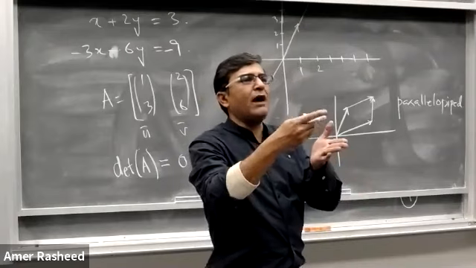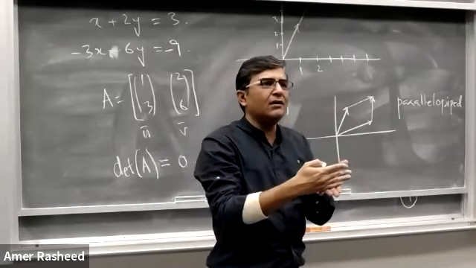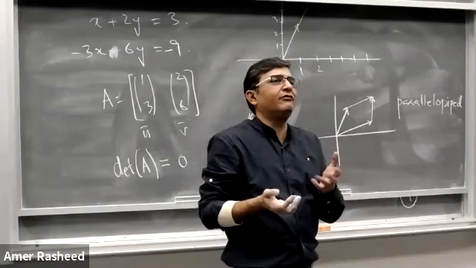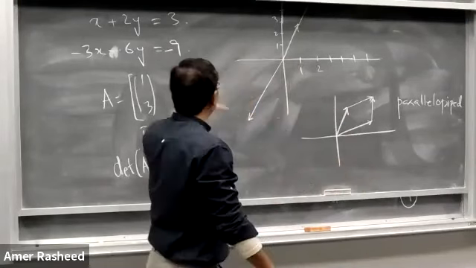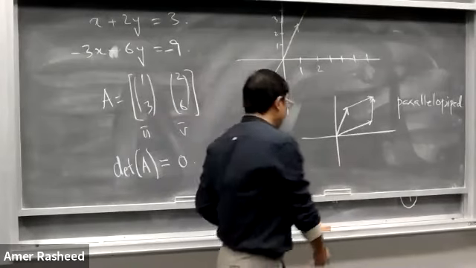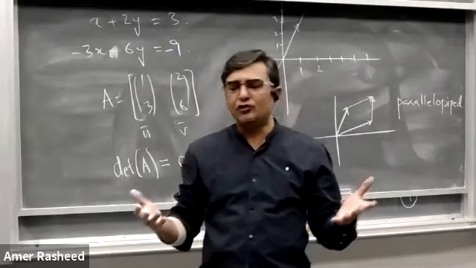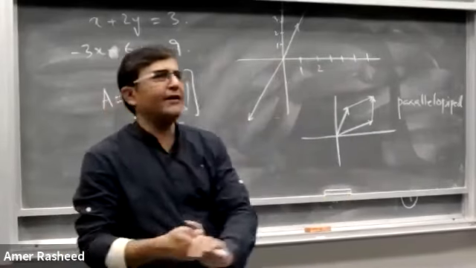In that case, we might have a parallelogram in 2D, but even for 2D shapes, we cannot find the volume. In that case, the determinant will be 0. And the system might have infinitely many solutions or no solutions. I hope you get it.